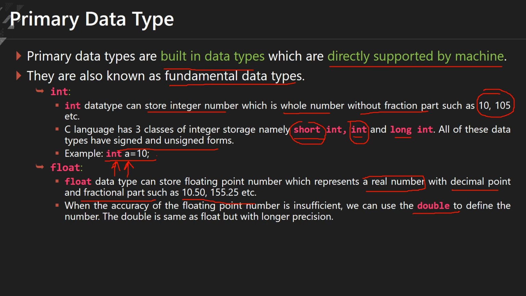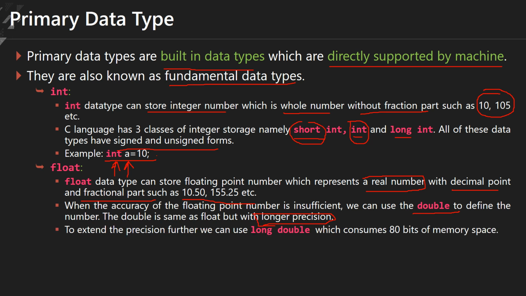Double is the same as float, but the only difference is longer precision. With longer precision you can store more decimal places, as a larger size compared to float.